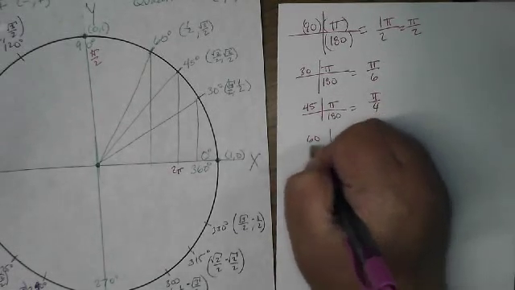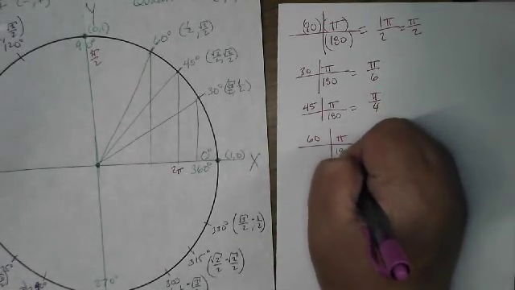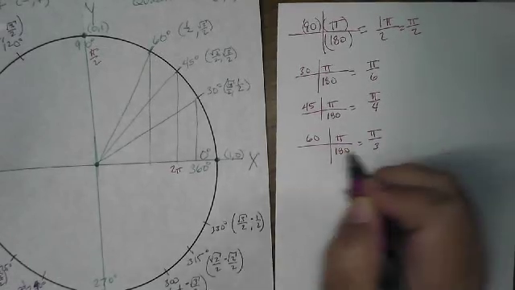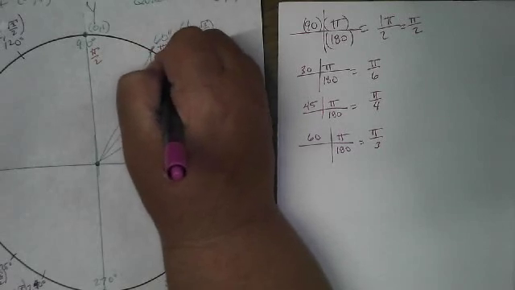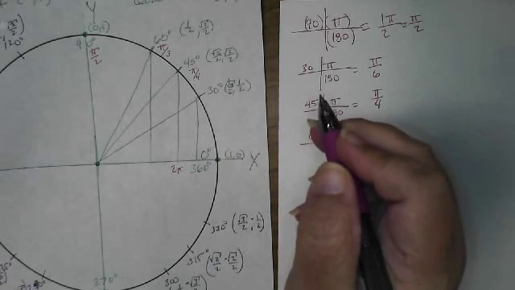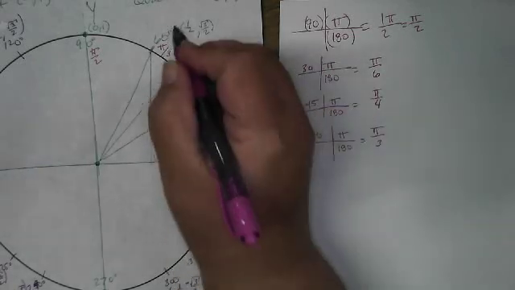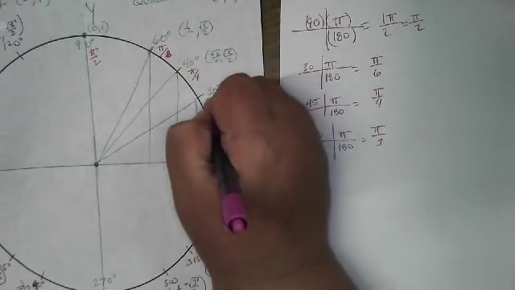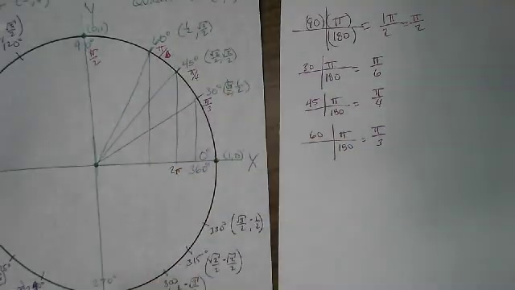And if you did the 60, that would give you pi over 3. So pi over 3, pi over 4, and pi, oh, I did that backwards. That's the 6. My apologies. This is the pi over 3.